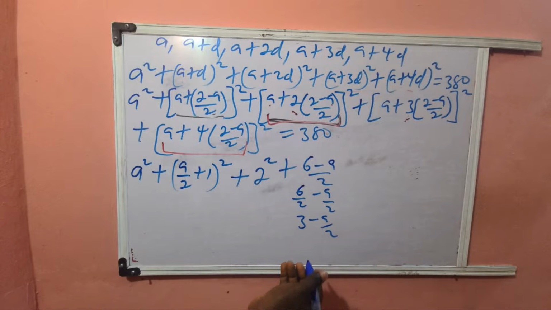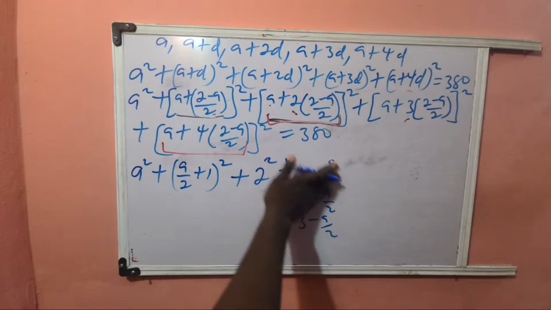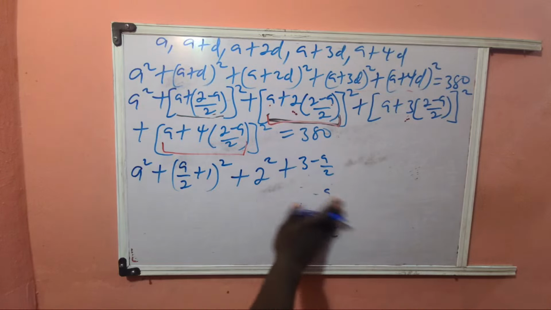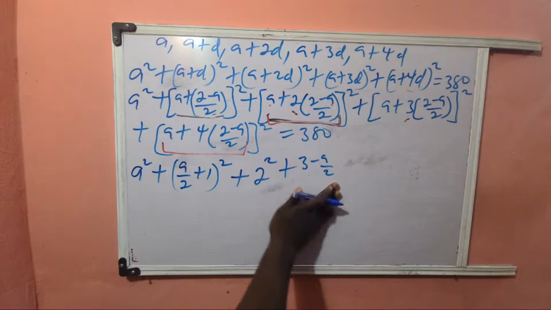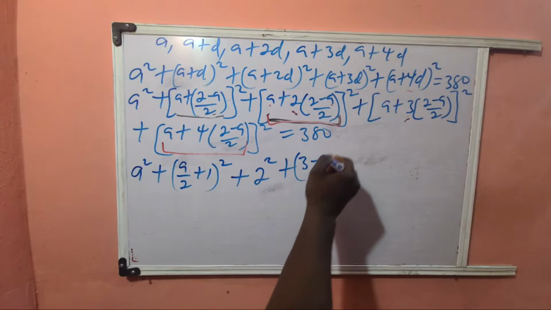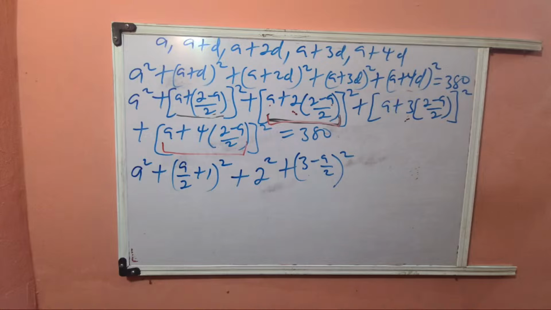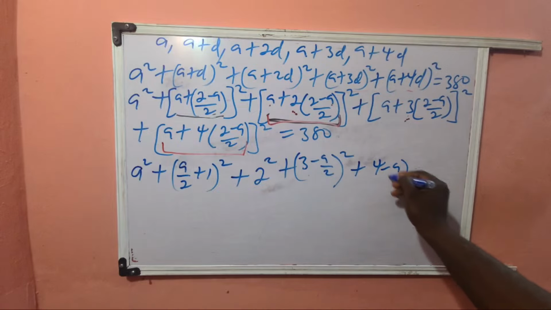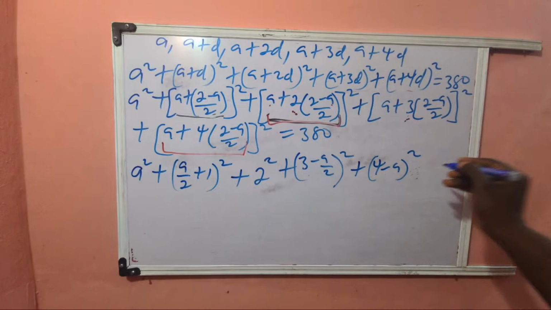I'm sure you can understand. So that's what I'll be writing, 3 minus a over 2, and don't forget there is still a square there also. And then the last one, we got our value to be 4 minus a, and there's still a square there. And all of these things equal 380.